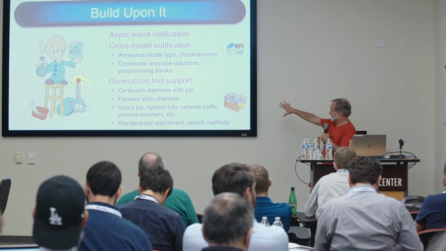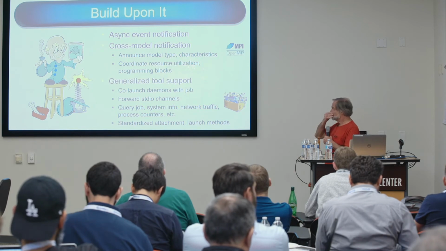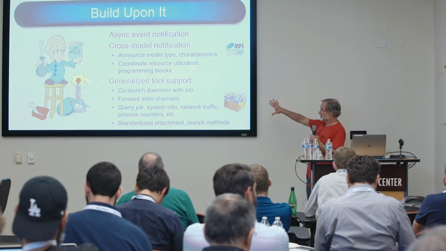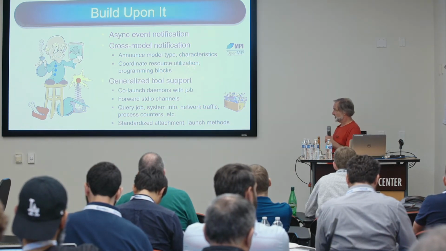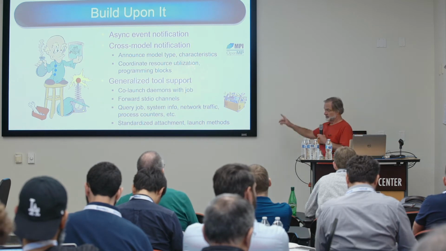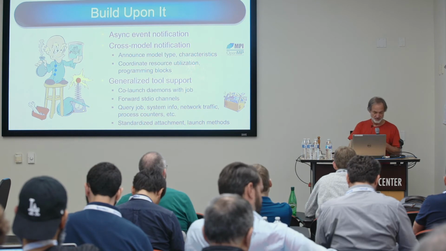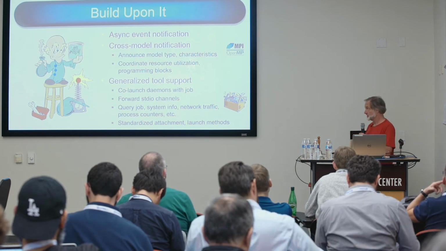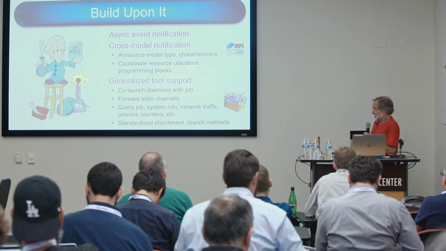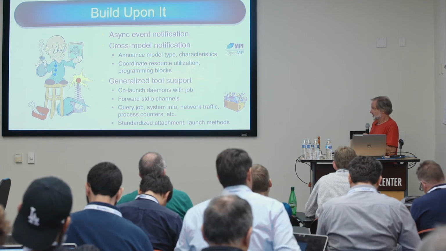Then for the tool guys, they said, well, okay, since you're now talking to the resource manager, we want to stop having to launch our own daemons, because it takes a lot of effort to write all this launch code, and it's even harder to make it scale.